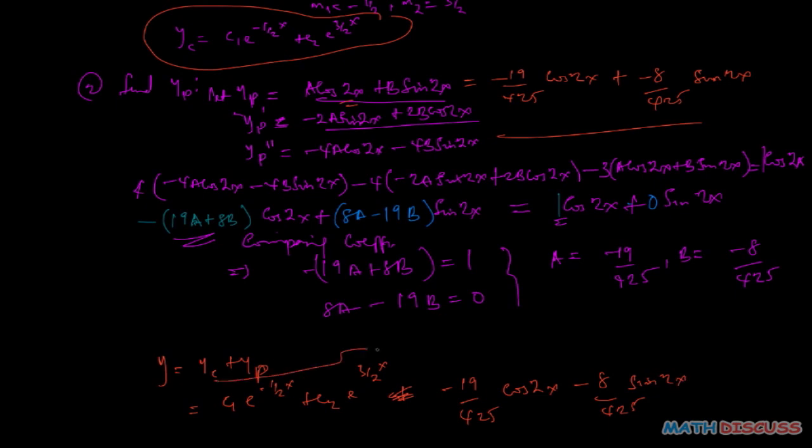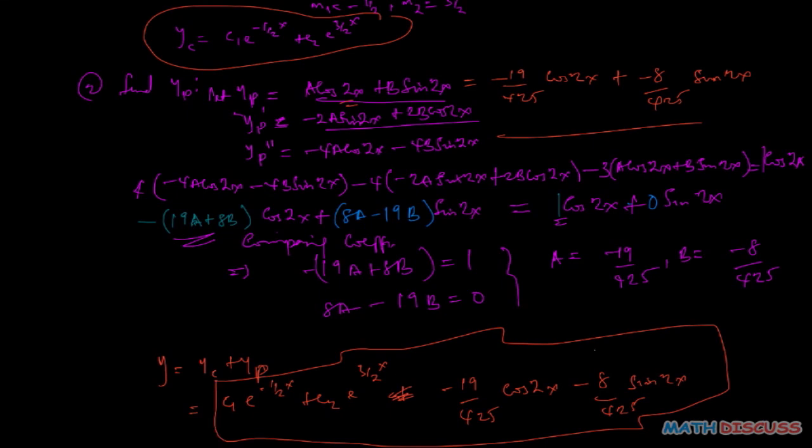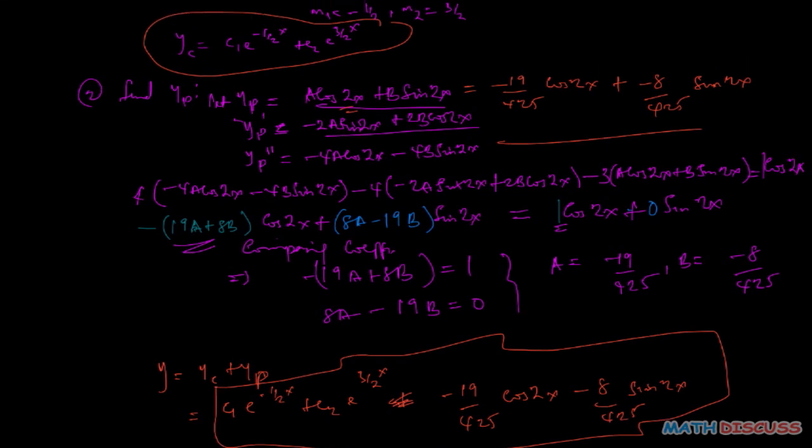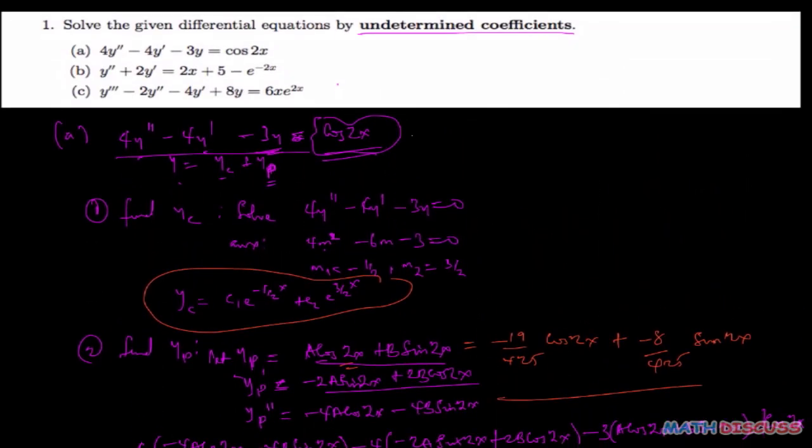Now this is your general solution to the non-homogeneous differential equation that we are given. That's for part A.